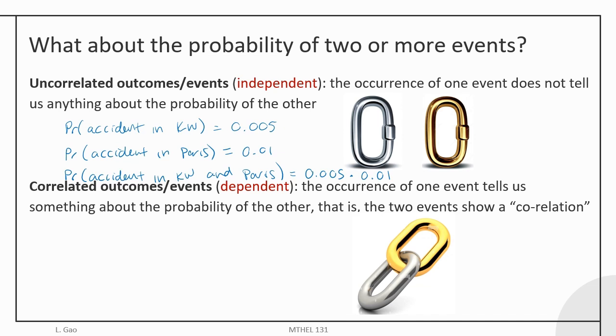And on the flip side, it could be that the events are correlated or dependent, where basically the occurrence of one event does tell us something about the probability of the other. It might be higher because the first event occurred, or it might be lower because the first event occurred. Taking the same example, if we think about two different drivers in different parts of KW, what is it that might lead to accidents?